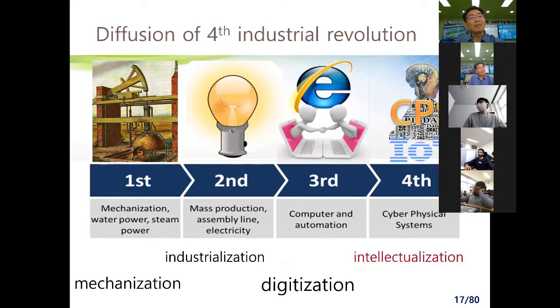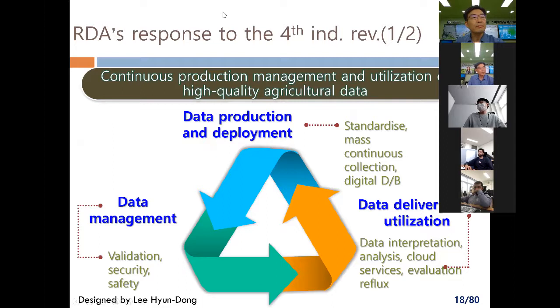The new technology is driving changes in all areas, including agricultural production, distribution, and consumption. The RDA where I work is making various efforts to apply post-industrial revolution technology to the agricultural sector.